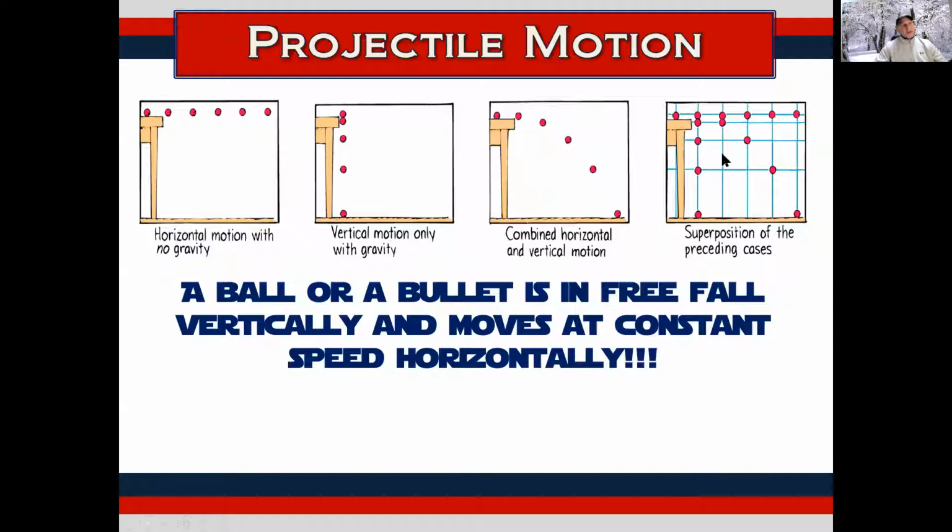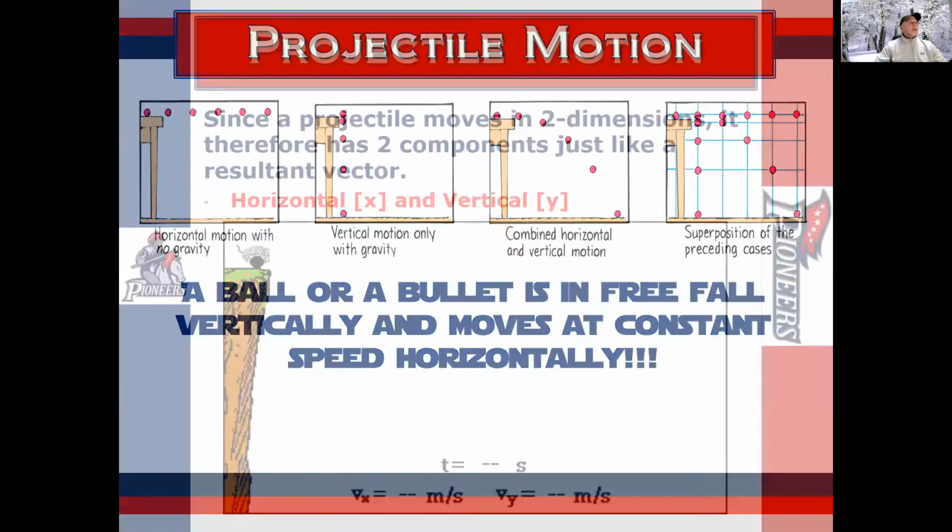And the nice thing is they put these little lines, because if you measure this distance, these vertical lines show you that the horizontal motion is constant, but you see these lines are getting farther and farther apart because it's falling and it's accelerating. So we have constant velocity, uniform motion. We have accelerated motion. They combine to make this, right? That's what a projectile's path is always going to be.